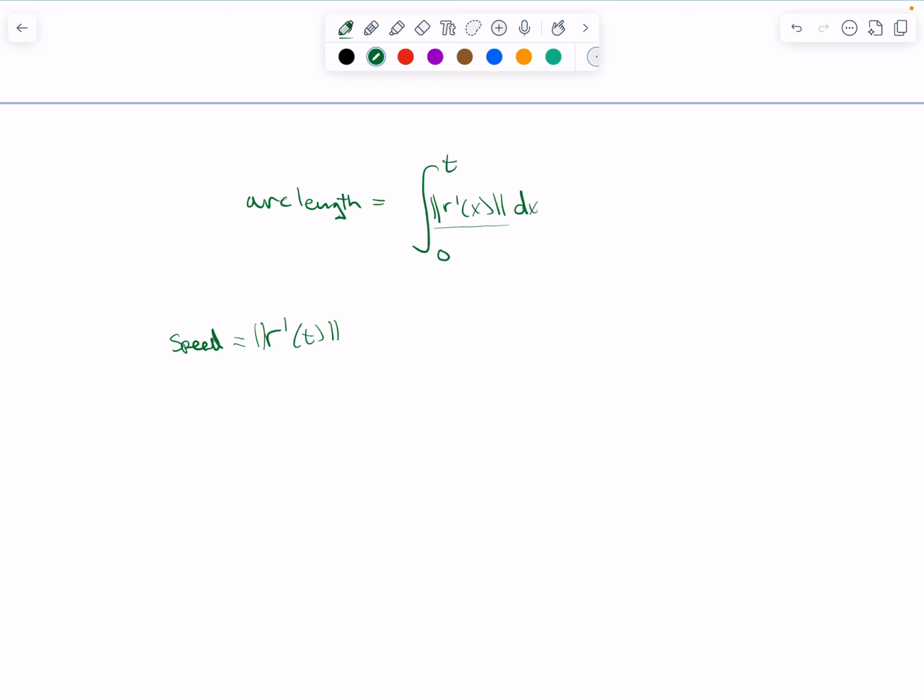There. But anyway, just to make it technically correct. So how far you've gone is going to be related to how fast you're moving. So you take your speed and you integrate your speed. You know how it works. Back in Calculus 1, to figure out how far you went, you would do the integral of speed. So that's what arc length is.